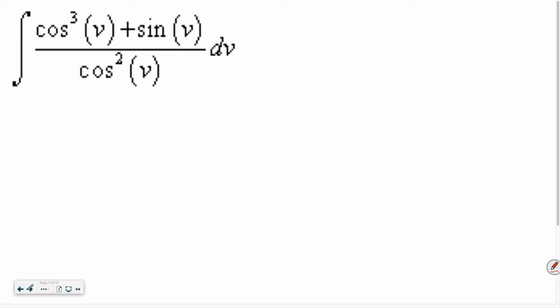Okay, obviously, I hope, so maybe not obviously. Can we take the antiderivative right now? No. We are going to need to rearrange this. Since it involves trig functions, we may have to use some identities. Cosine cubed over cosine squared is just cosine.